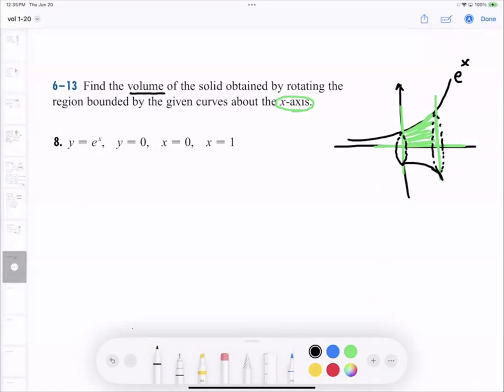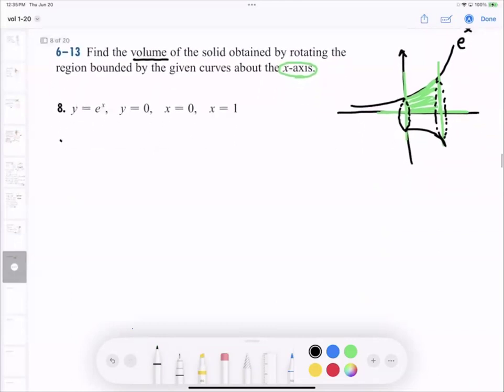And remember that from the formula, the volume is the definite integral from a to b of the area dx. Our goal is to find the area of the cross section. What is a cross section? A random cross section, let's take it here.